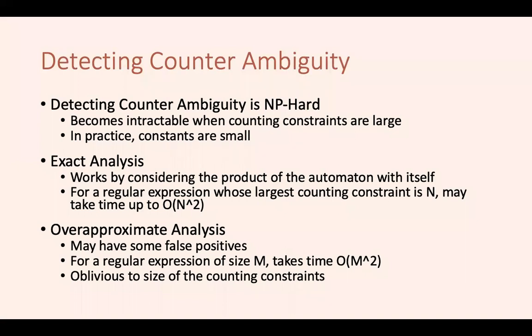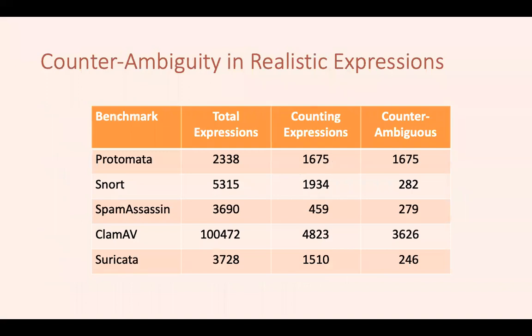So we went through some of the data sets which we previously talked about, and many of them have counting constraints. For example, in Automata, around half of them have counting in them. So quite a large number of them do have counting. And we also checked how many of them are counter ambiguous.